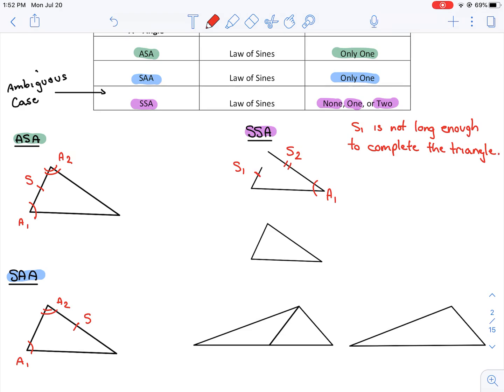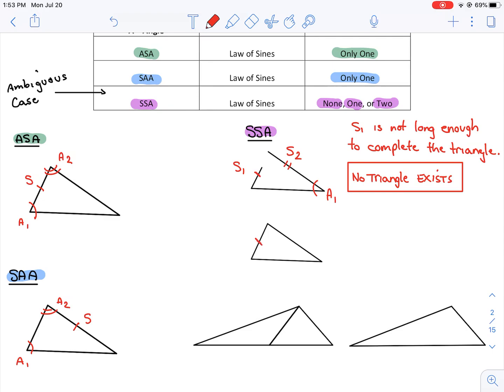So since side 1 is not long enough to complete the triangle, no triangle exists. And when we do some examples, I will be showing you how to determine when no triangles exist.